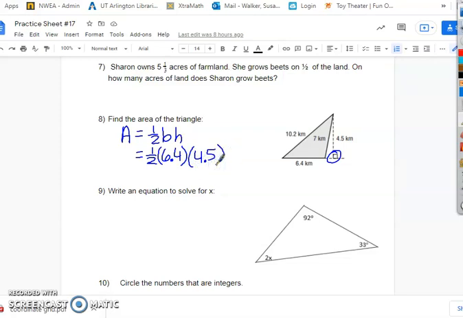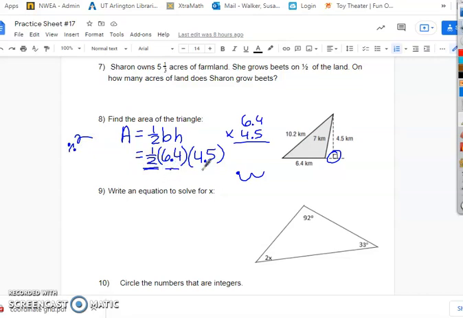Okay? So if you want to, you can take half of 6.4 and then multiply by 4.5. Or you can multiply 6.4 times 4.5. Multiply that with the decimal twice in your answer, and then you would have to divide by 2. Don't forget that. Divide by 2 after you multiply. Okay? Again, or take half of this, then multiply by 4.5.